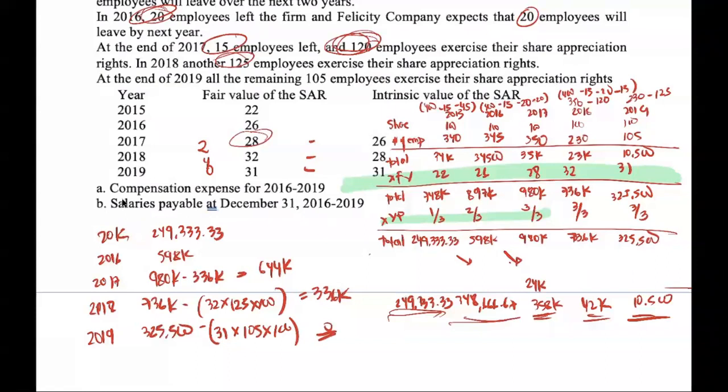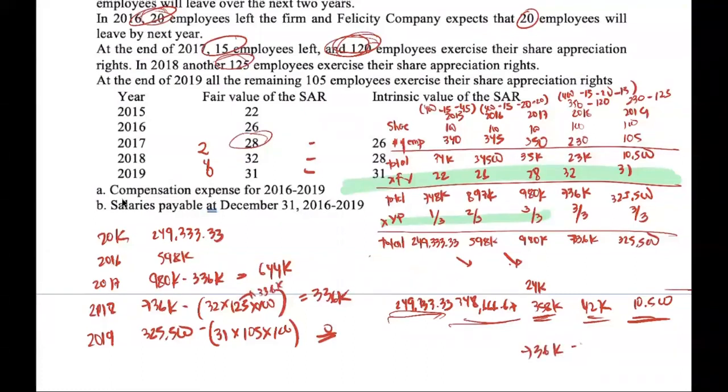We have 42,000. Tapos ito 336. Tapos yan ay 400,000 less the previous year 358. So 42,000.